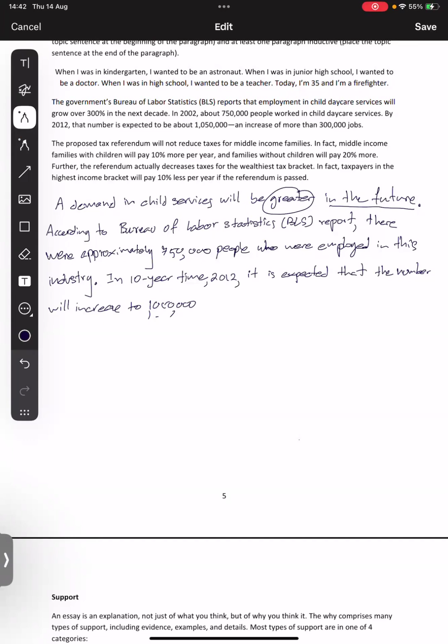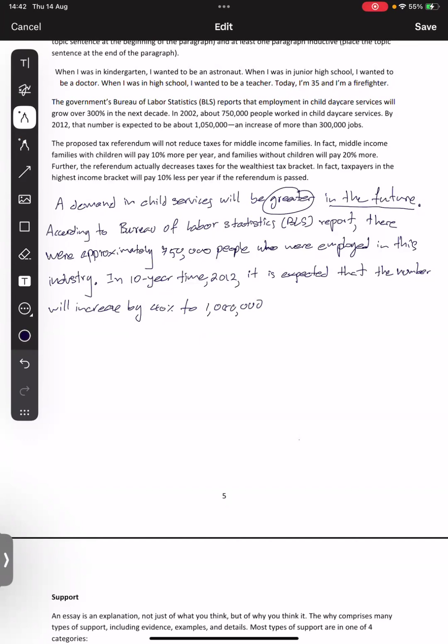Okay. In fact, I can just use the percentage term, increase by 40% to 1,050,000.